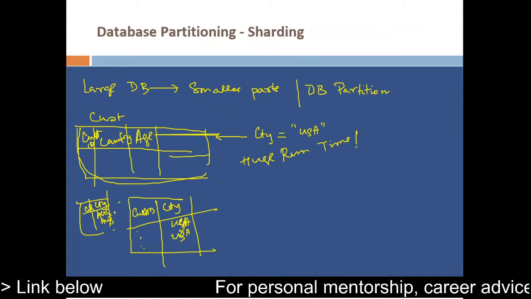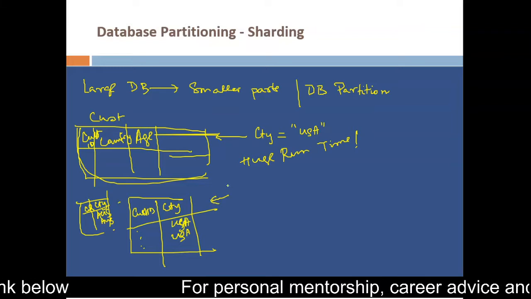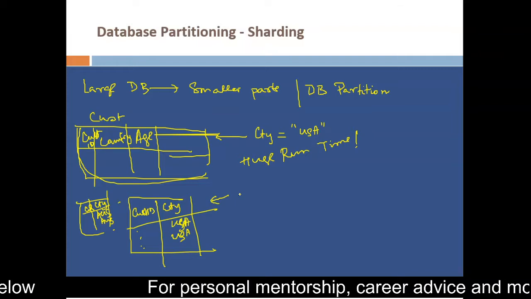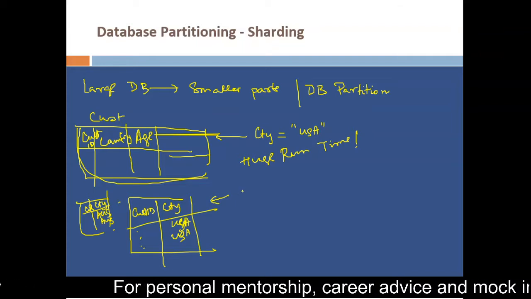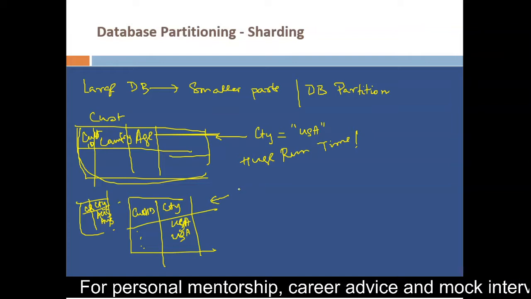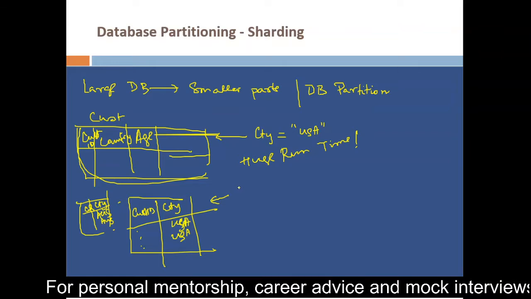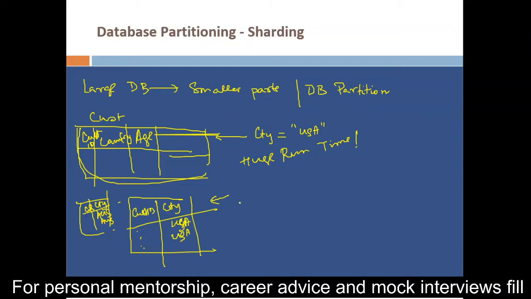Now, if you were to use a query on this particular table instead of the entire table, the query would run much faster, right? So this concept of database partitioning, all it does is it makes the database smaller, faster, and easily manageable. And hence, it reduces the cost of each of the transactions.